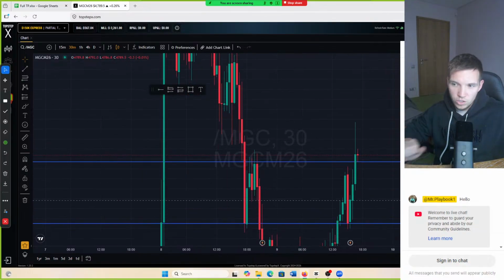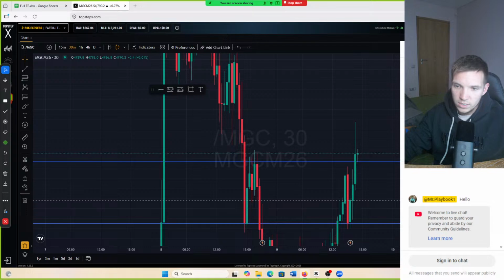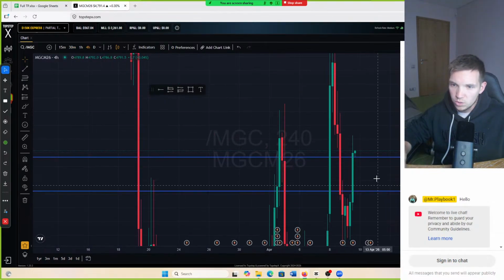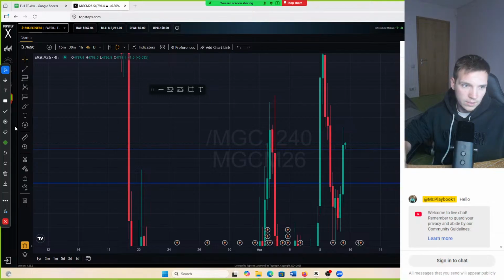But as the 4 hour just opened up, it's been 2 minutes, we need to let it breathe a little bit. I do not like taking trades on 4 hour open, just because we have no idea where it's gonna create its bottom wick. Because this candle can go red.